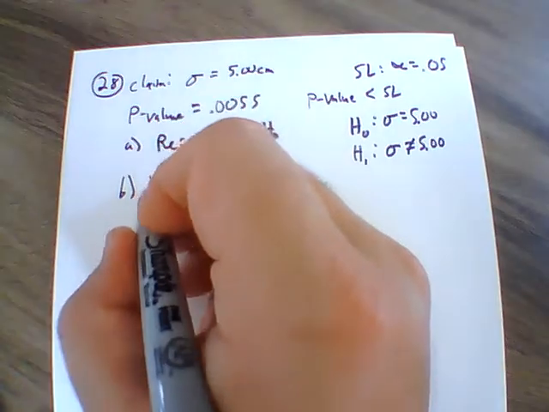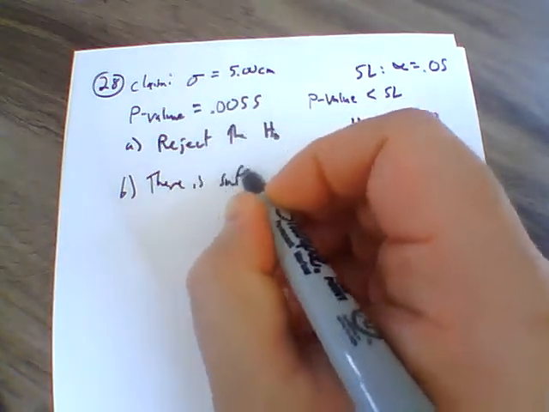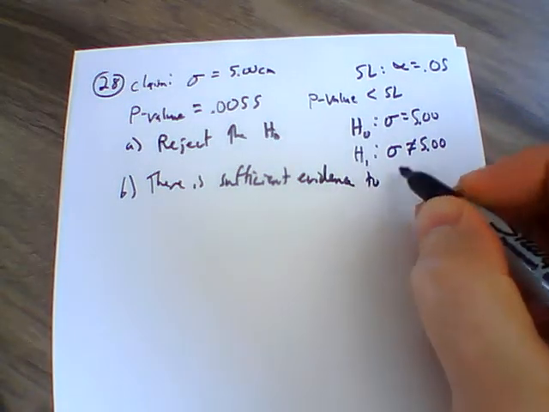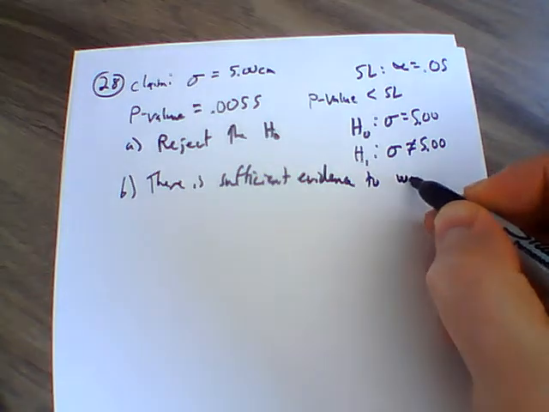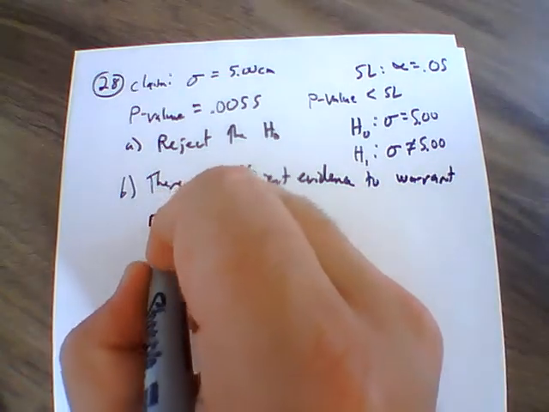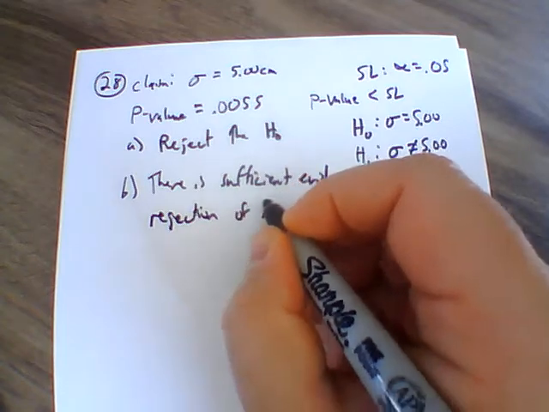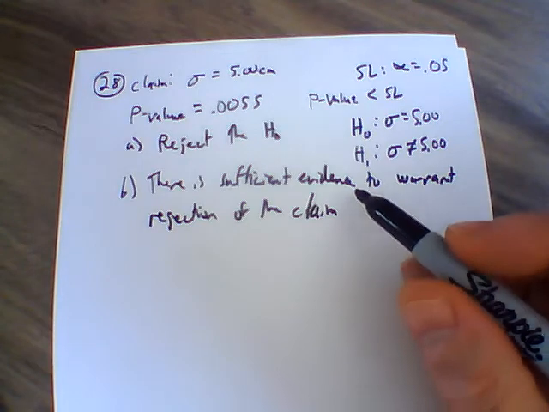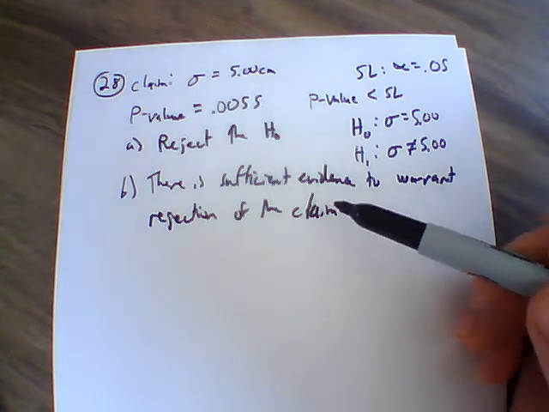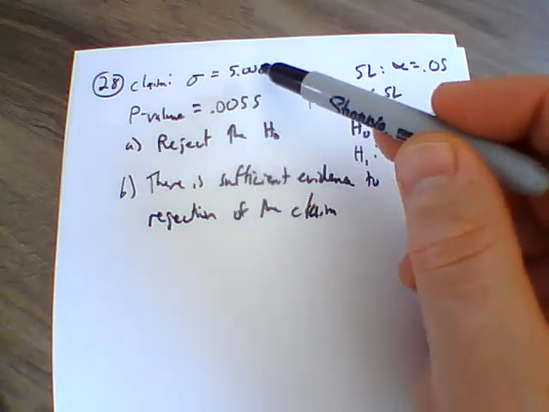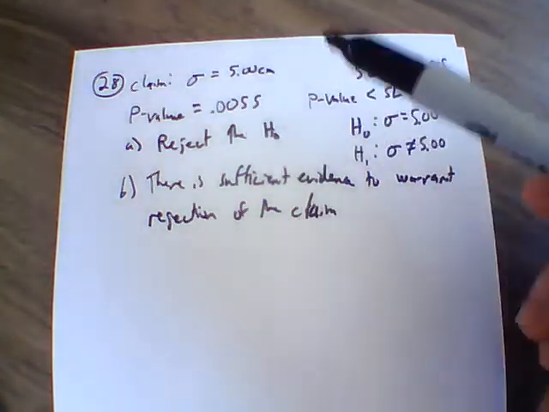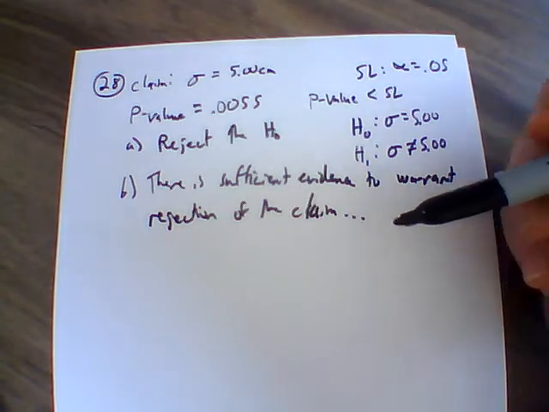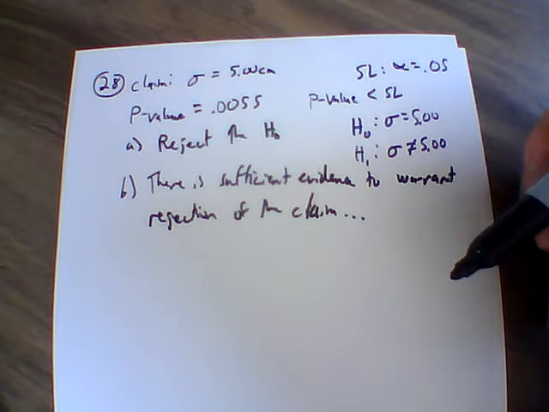So basically, there is sufficient evidence to warrant rejection of the claim that women have a standard deviation equal to 5.00 centimeters. We would always continue to state this claim, but I'm trying to save some time in this video for you as we go through.